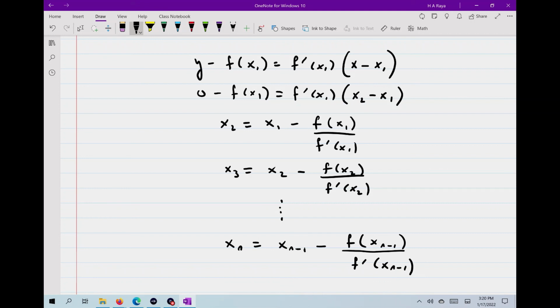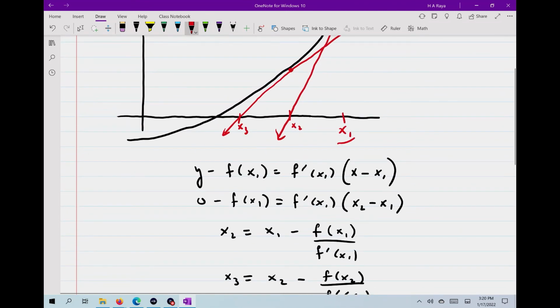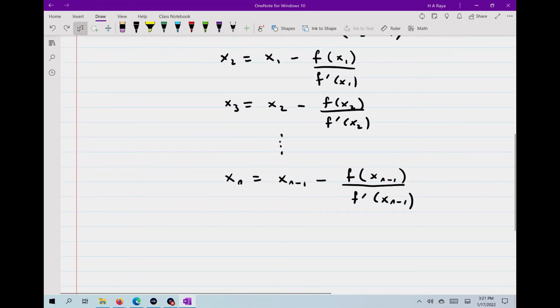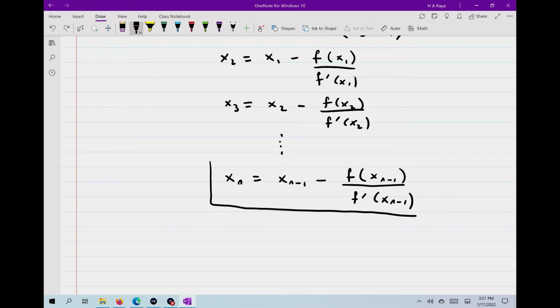So through this equation, we would get the formula for the sequence of values for the x's that get gradually closer and closer to the zero of my function. This is the formula that we will be using to approximate the value of those zeros.